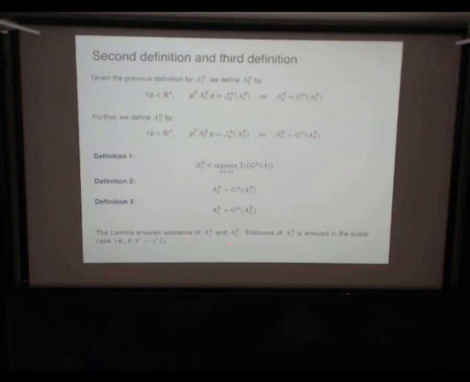The lemma ensures existence of the first two and uniqueness in the 3D case. In the third case, we can ensure that if the homogenized field is a scalar, then we have existence of a fixed point of this mapping. Okay. Sorry? In this case, in the third, yeah.